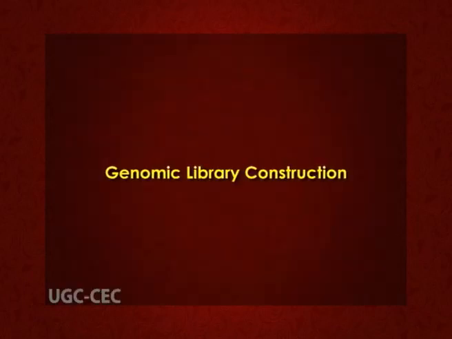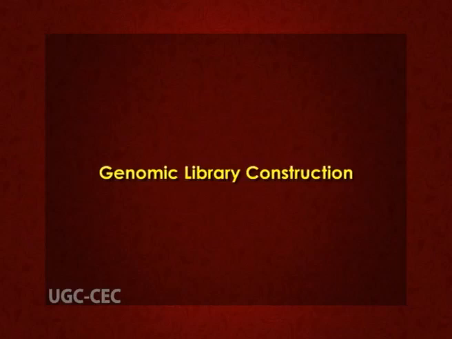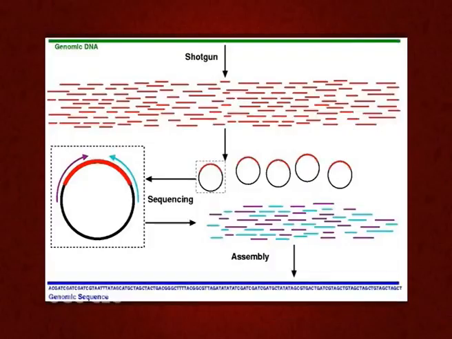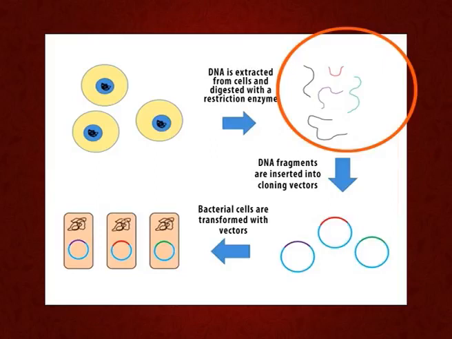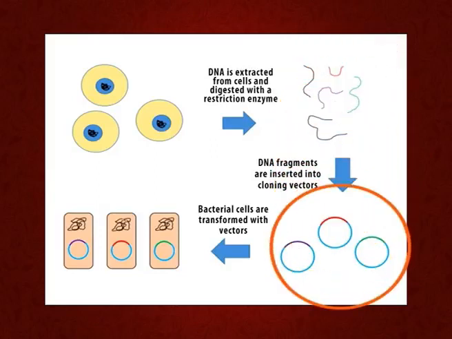Now, let's talk about the genomic library construction. Cloning an entire genome in the form of a library of random genomic clones without identifying them is often called a shotgun experiment. In this experiment, genomic DNA is extracted, broken into fragments of a reasonable size by restriction endonucleases, and then inserted into a cloning vector using DNA ligase to generate a population of chimeric vector molecules.